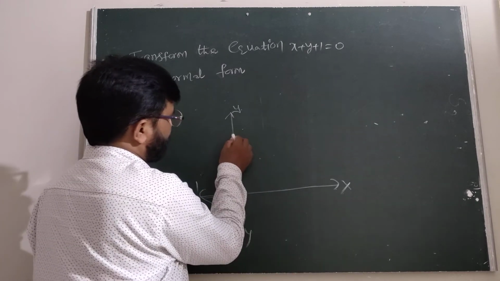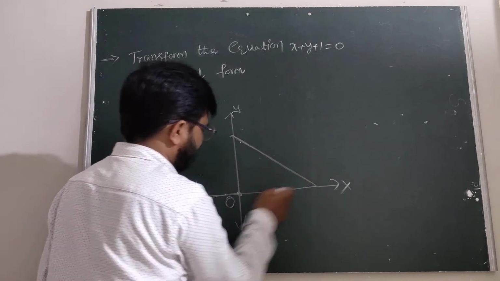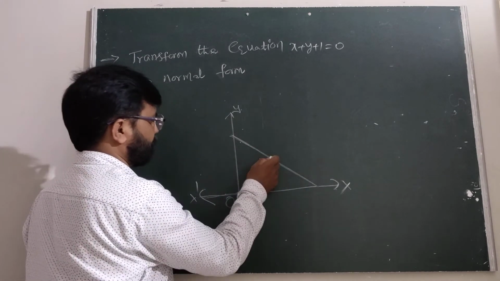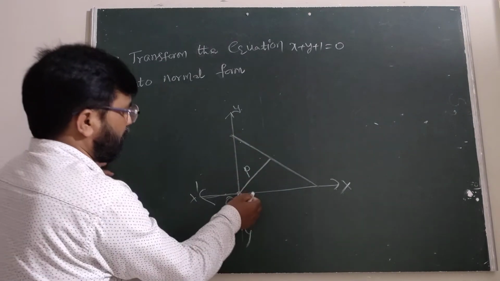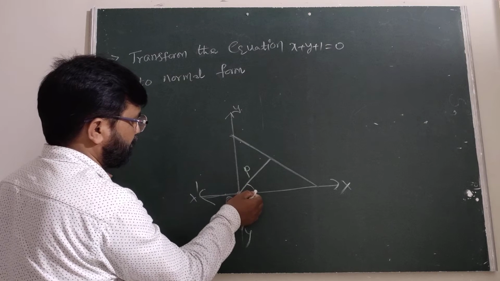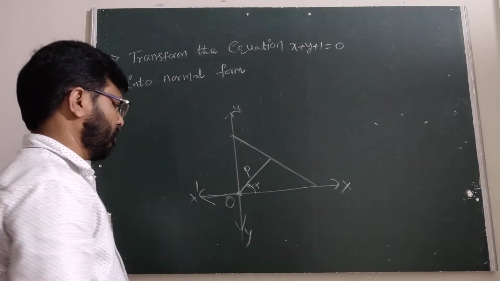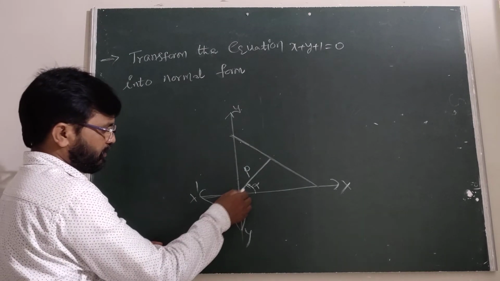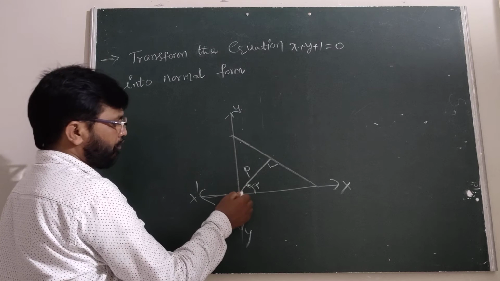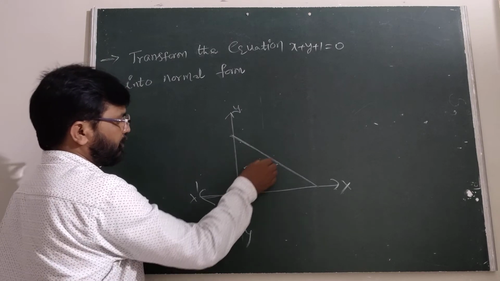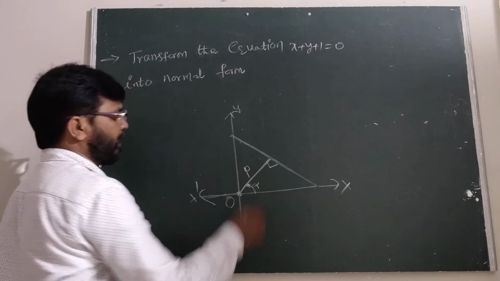Now let the line be B, at a distance p from the origin, and let alpha be the angle made by the normal from the origin to the line with the positive direction of the x-axis.